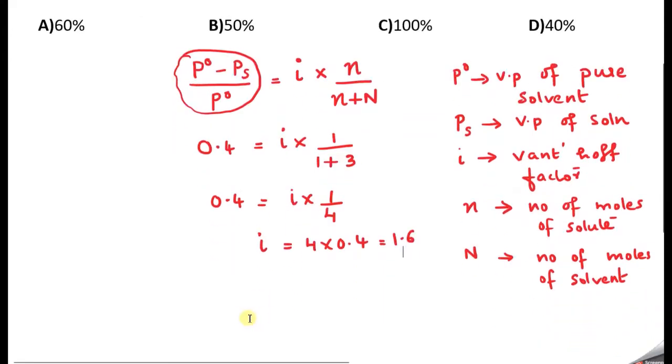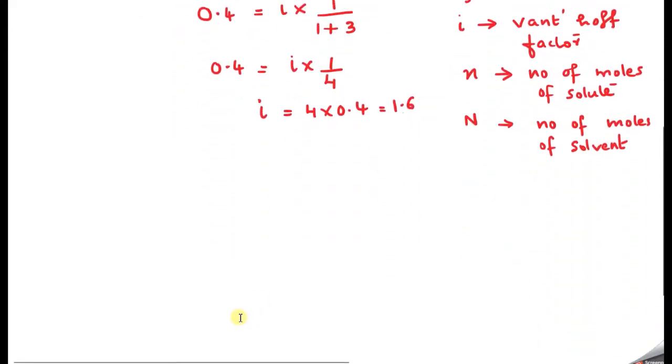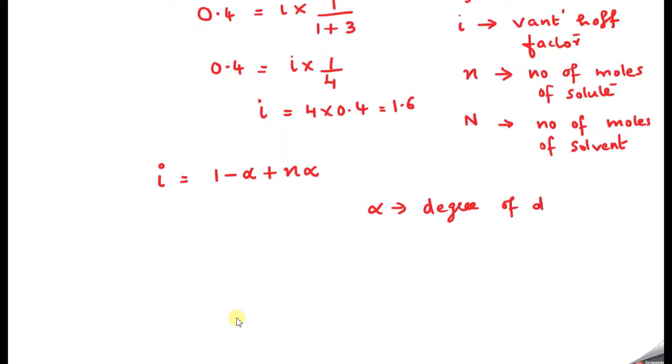Now we need to calculate alpha, which is the degree of association or dissociation. In the case of dissociation, we have the standard formula i is equal to 1 minus alpha plus n alpha. Here alpha indicates the degree of dissociation, which is what they are asking. And n indicates the number of particles after dissociation.